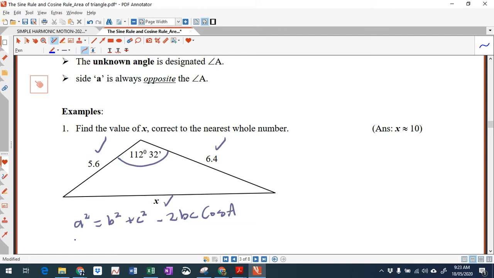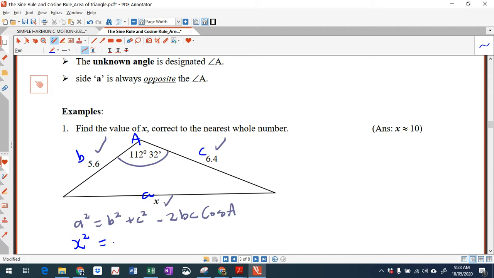Okay. Next. Now, A is always the unknown side, so that's going to be x for me and for you as well. B and C can be any sides you want, so I'm going to label this A, this is B, and this is C, but B and C can be swapped around. And obviously, this will be capital A here.